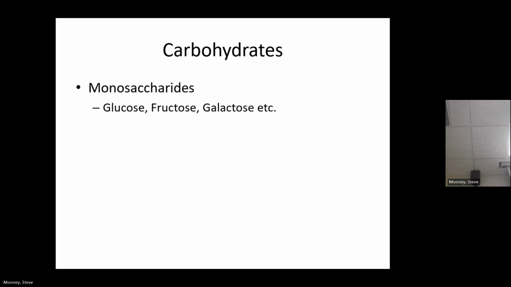Galaxy. That's not where we're going. We're going with lacto. Where's lacto? Milk. Milk sugar. So this is half of milk sugar. But all of them have 6 carbons. All of them have that 1:2:1 ratio. They are just rearranged differently in space.